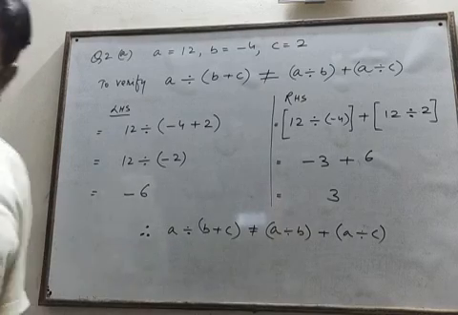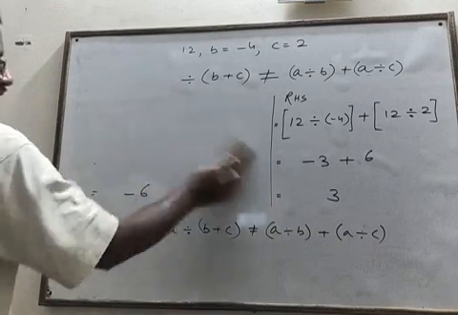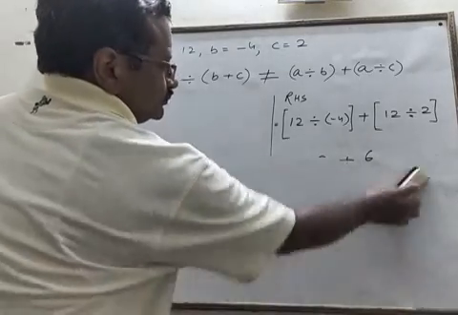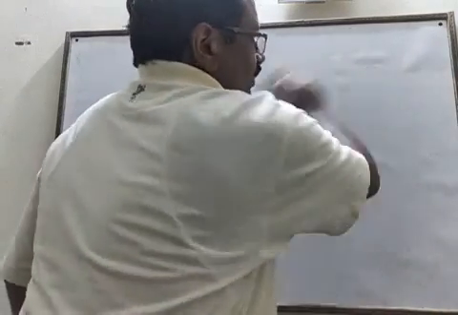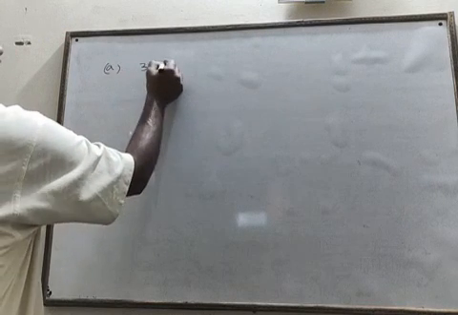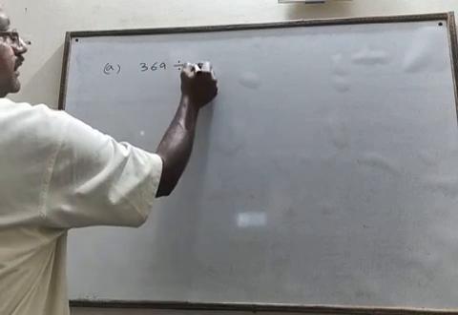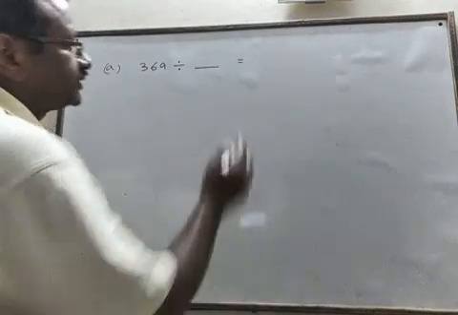Now come to question number 3, fill-ups. A part, 369 divided by dash equal to 369.